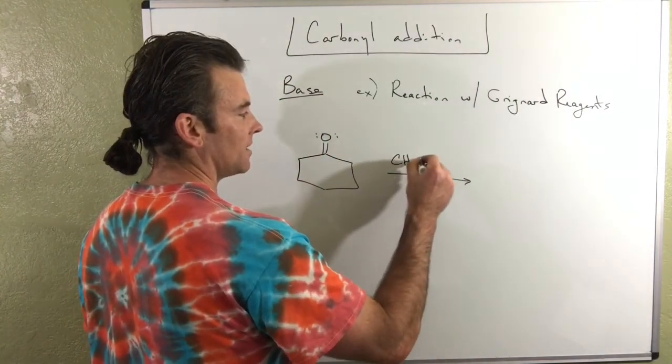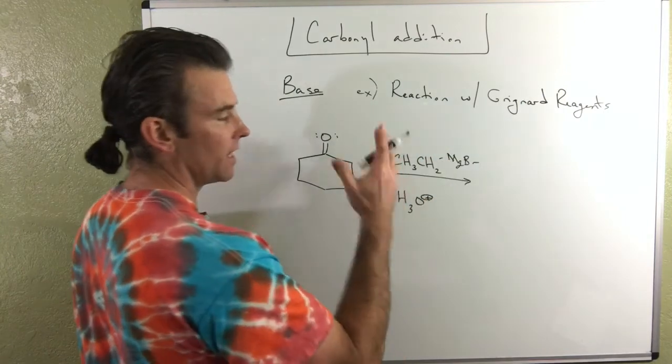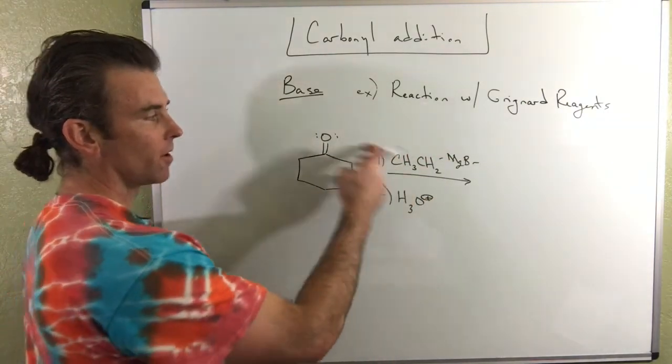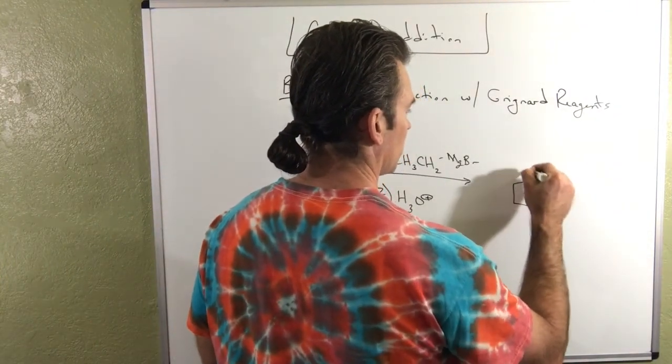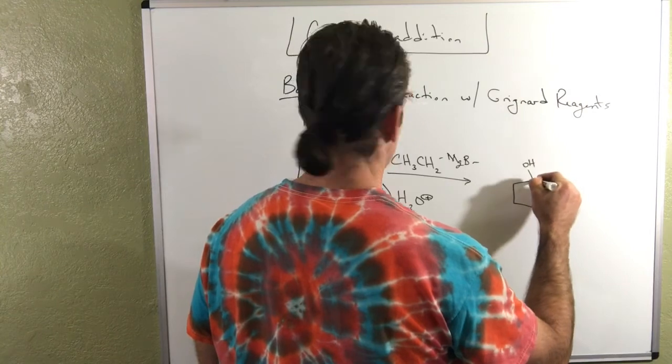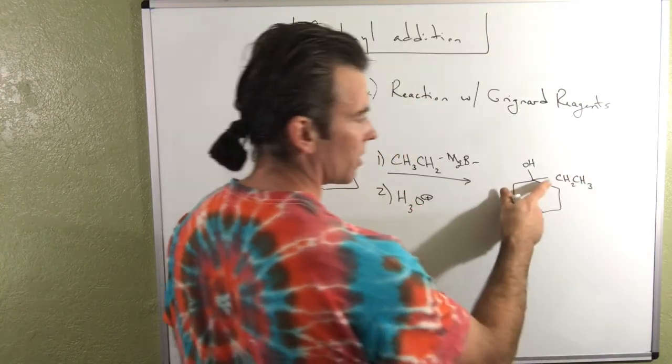Let's say that this time we have an ethyl magnesium bromide. Through the exact same mechanism that we see before, what we'll end up with is some sort of tertiary alcohol with the addition of a brand new carbon-carbon bond, right?